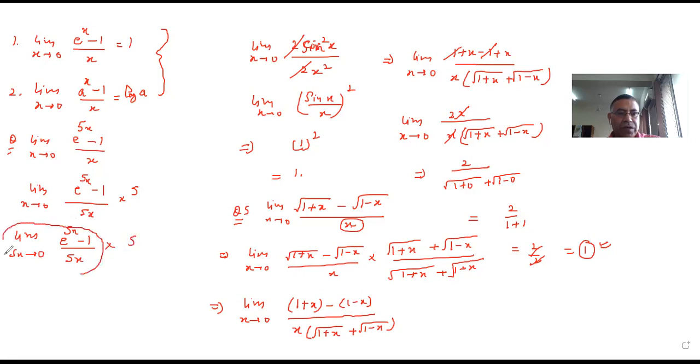So this becomes 1, multiplied by 5, this is equal to 5. This is the answer. Last question.